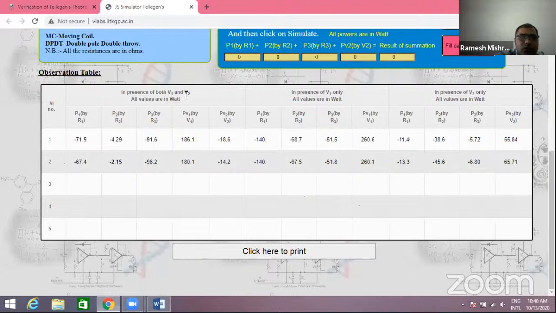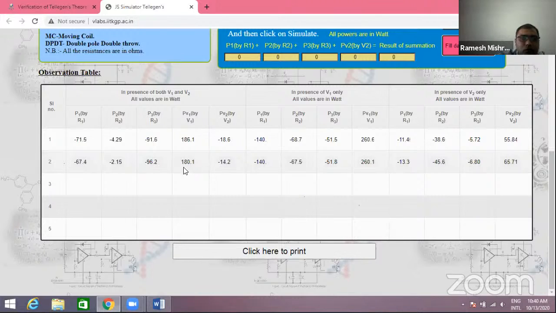For the first voltage source V1 and the second voltage source V2, both sources are present. The value of the power of the first resistance, the second resistance, and the third resistance is this.